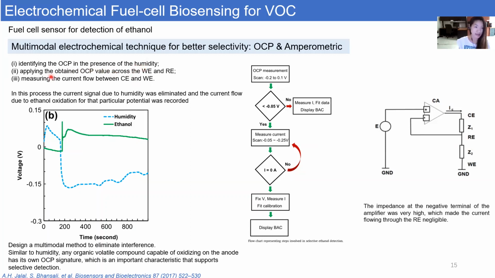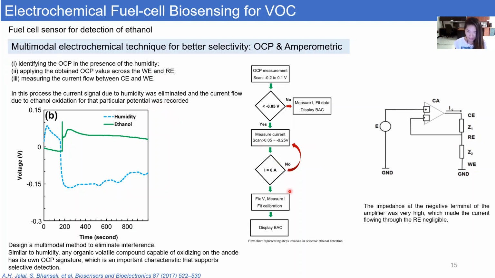Step two is to apply the obtained OCP value across the working electrode and the reference electrode. Step three is to measure the current flow between the counter electrode and the working electrode. In this process, the current signal due to humidity is eliminated, and the current flow due to ethanol oxidation for that particular potential is recorded.